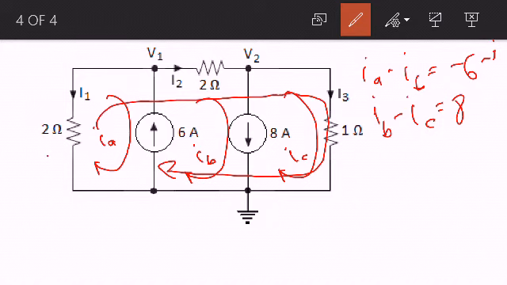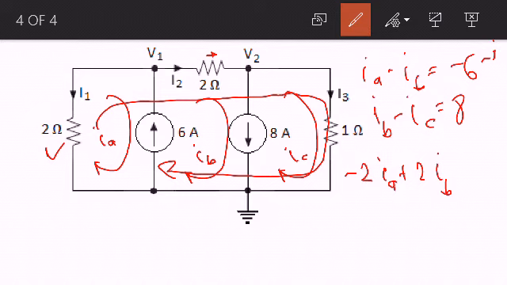And if we follow the super mesh from here, now we are going to get minus 2 IA, the current moving through it now is IA, the mesh current IA. Then coming here for the 2 ohm resistor here, the current moving there is 2 plus 2 IB, okay.